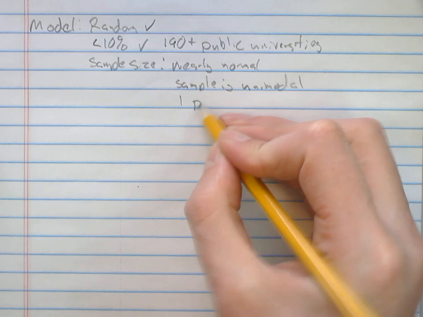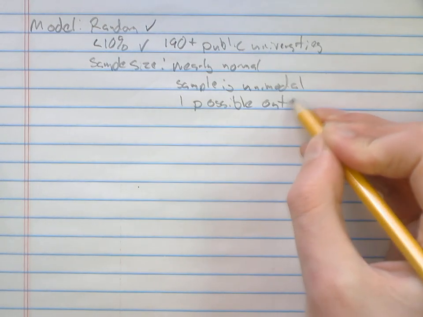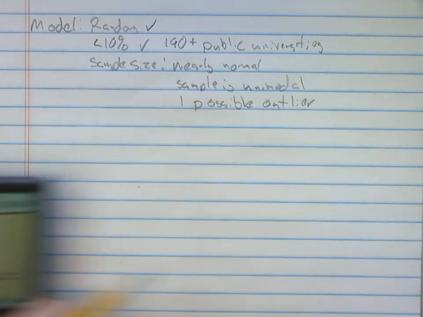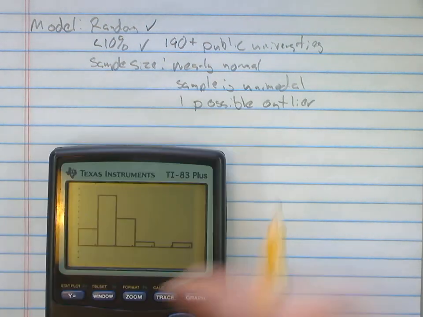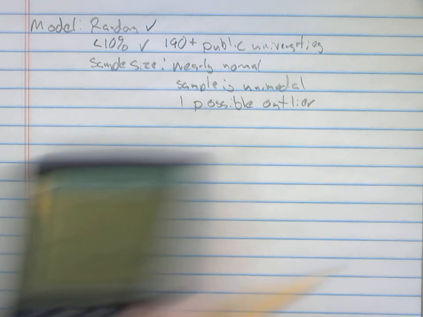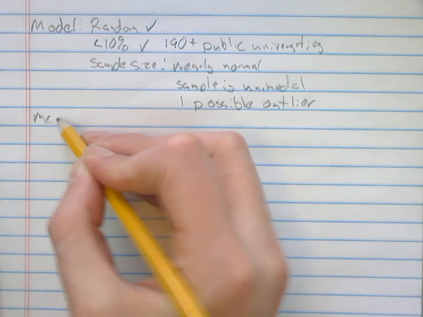One possible outlier. So what we might do, actually, is run the mechanics and conclusion with and without that point. We've already done it with it. Here's our mechanics.